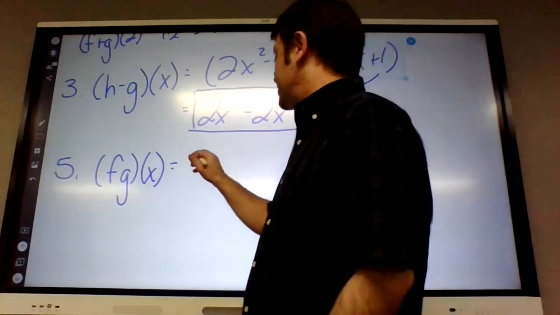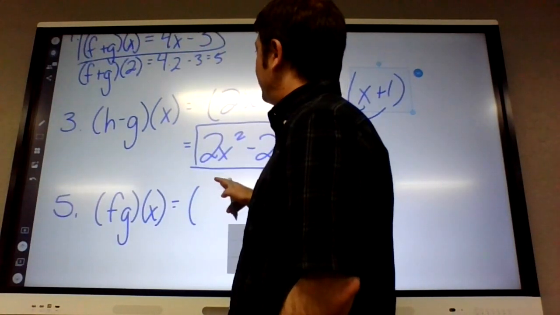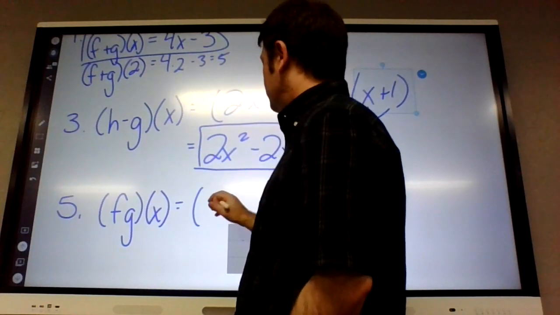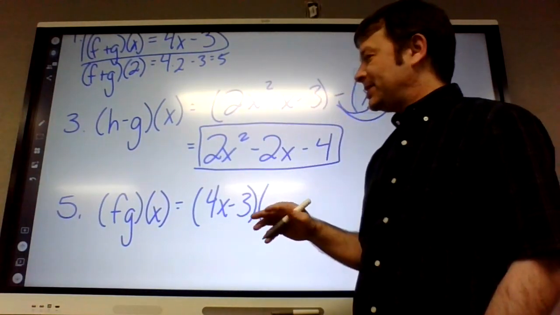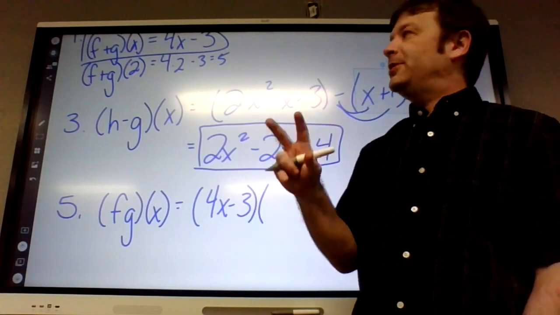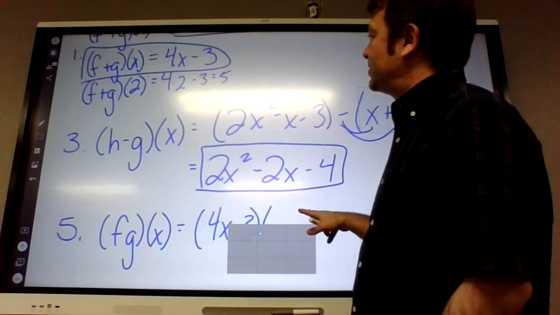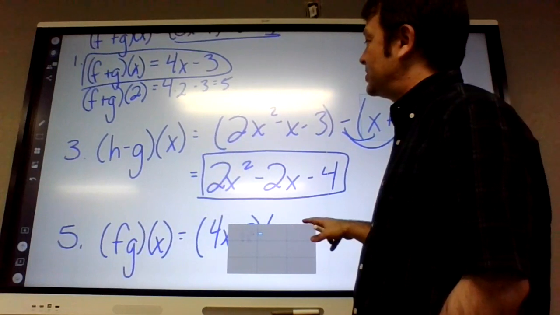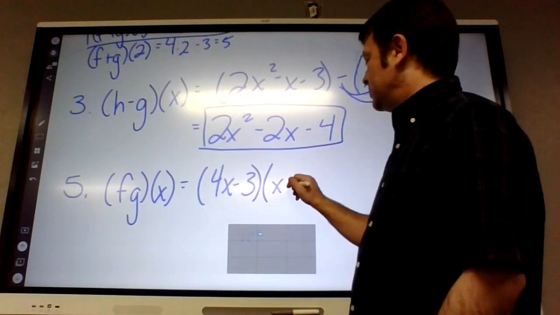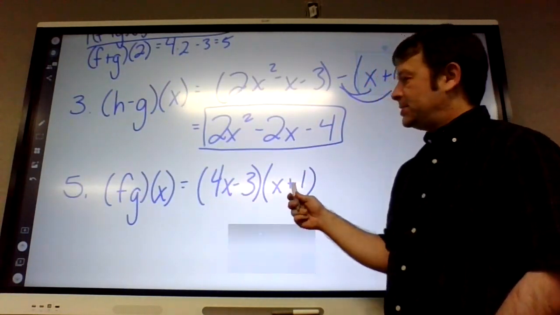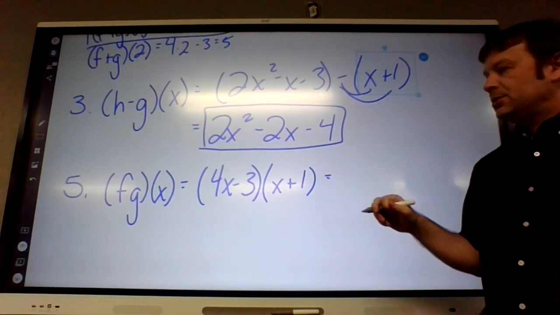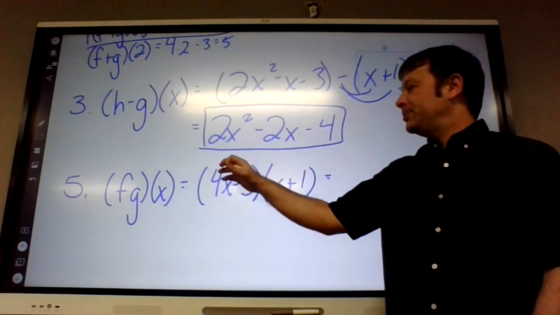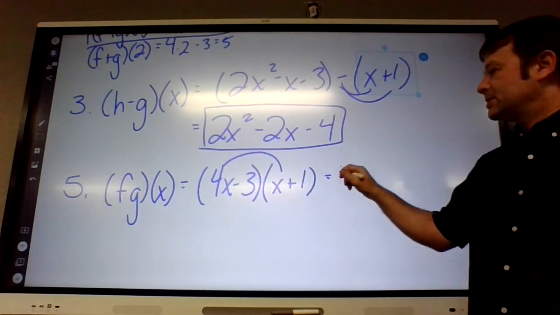So it's kind of like number 1 except we're multiplying this time. Number 6 is a little bit harder because one of the functions is a 3-term function, but this is just a FOIL problem, right? F times G. So the first would be 4x times x.